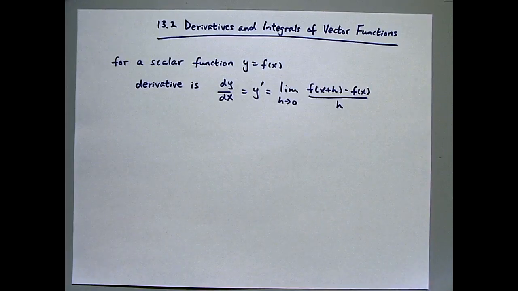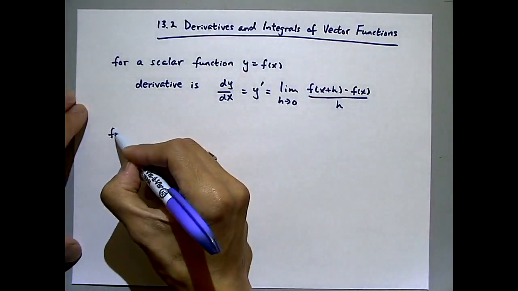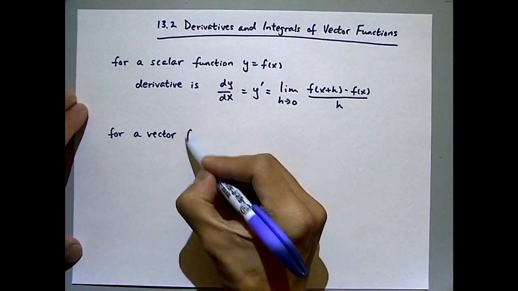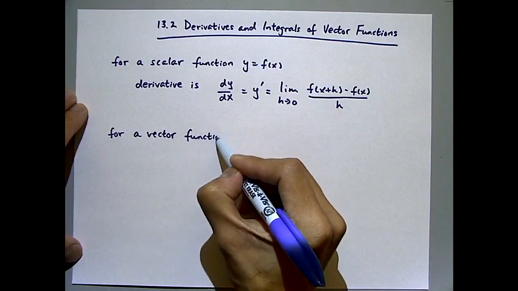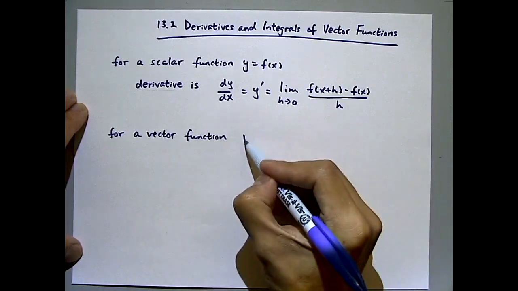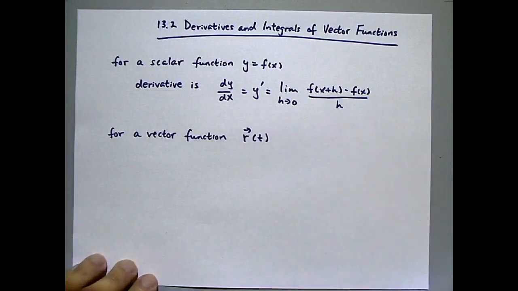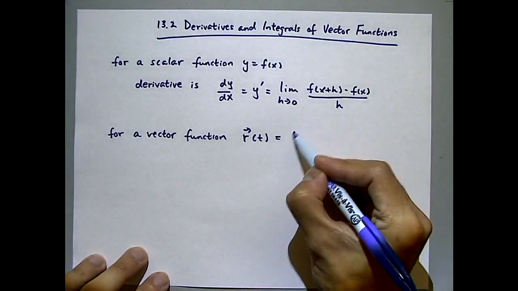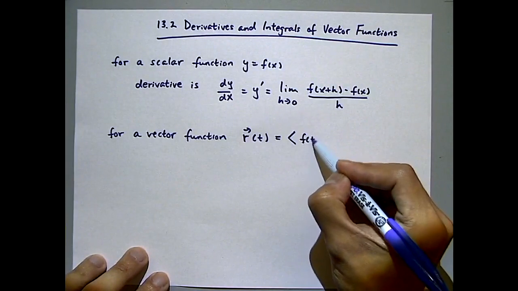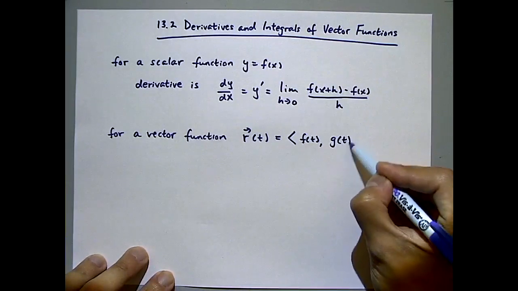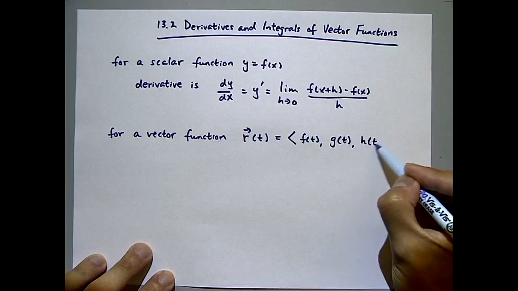Pretty much the same idea when it comes to vector functions. For a vector function r of t, let's say it's a three-dimensional function, where the x component is f, the y component is g, and the z component is h.